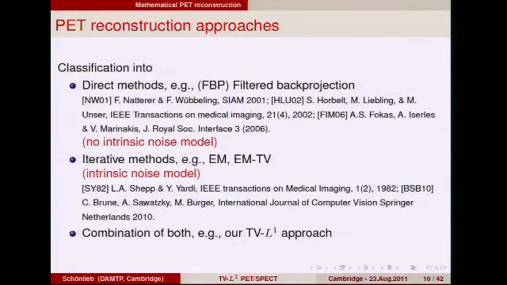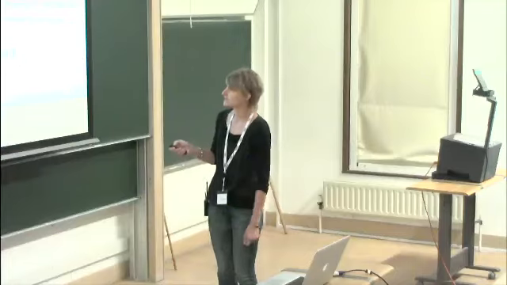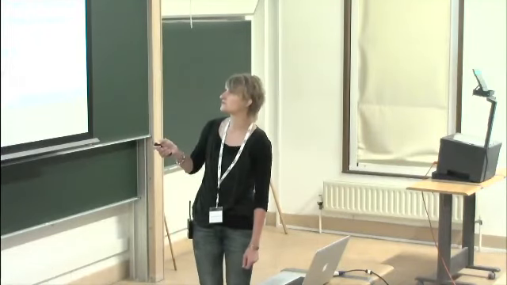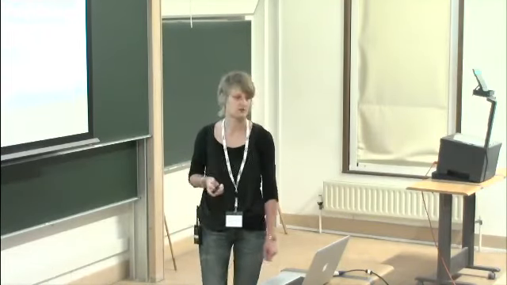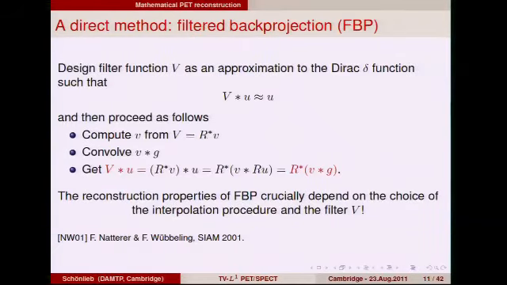All right, so our method is a kind of combination of both, as it is inspired by a direct method, but it is iterative in nature. But before explaining our approach, let me give you an idea about these two classes of methodologies that we have in PET.